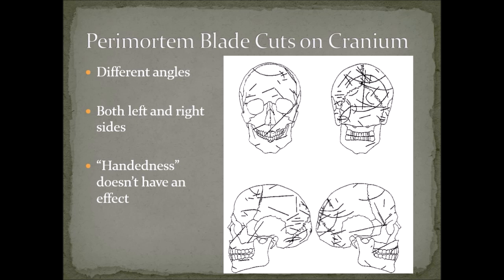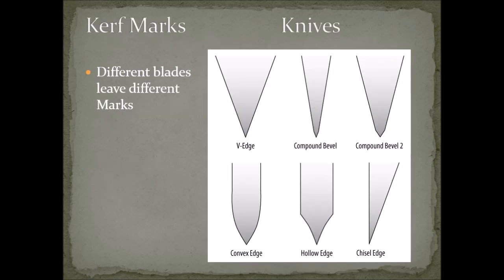Doesn't matter. Both left and right sides are affected, and of course, handedness does not have an effect here. So blunt force trauma, especially interpersonal violence blunt force trauma, is almost always to the left side of the head, whereas sharp force trauma can be literally any angle. So the side doesn't really help narrow down who did this.